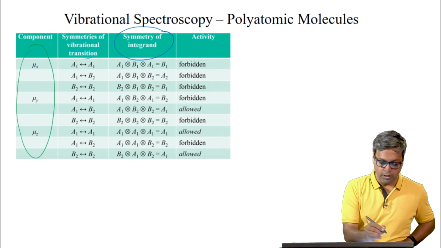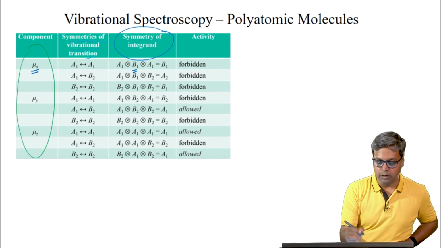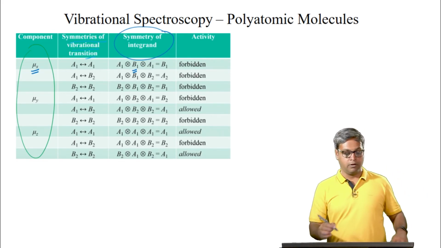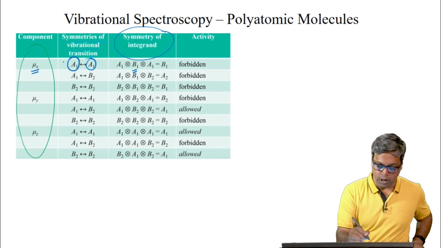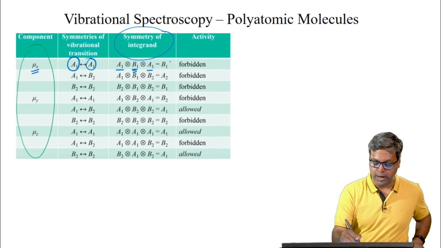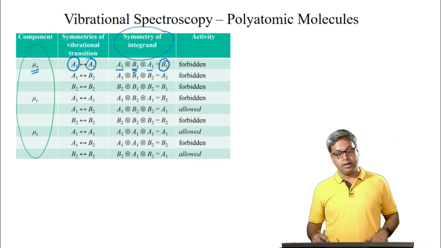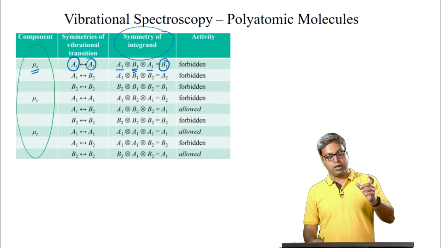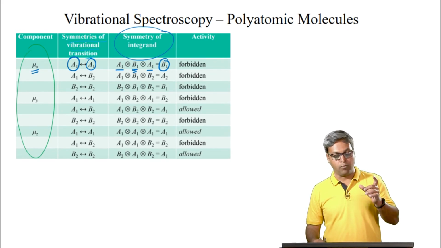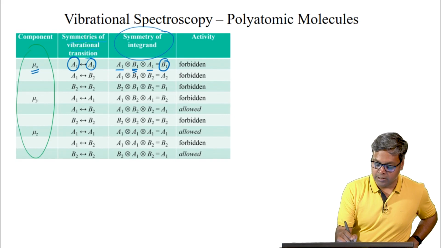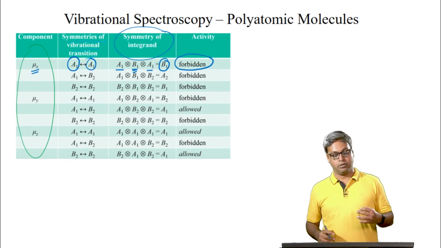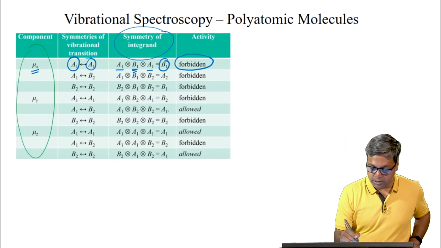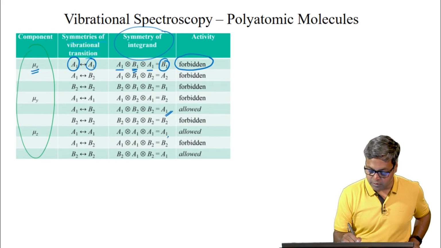So, we can see that mu x is B1. So, if we have a transition from A1 to A1, then our triple product becomes A1 times B1 times A1, and this is B1. And as we know, the total integrand has to be A1, that means this case is forbidden. So, we have to find out where this integrand is totally symmetric.